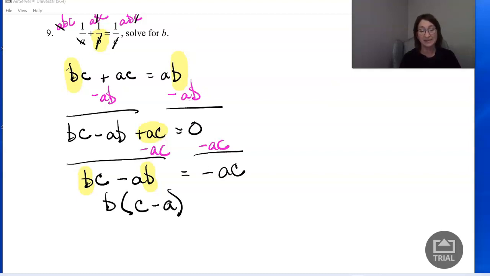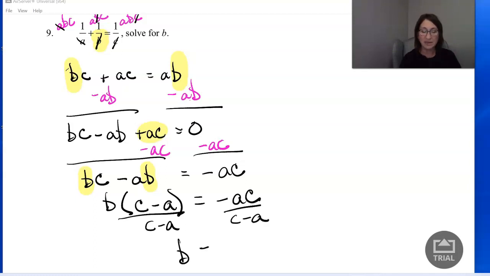So we got C minus A equals negative AC. So I am going to go ahead and divide both sides by that C minus A. So B is equal to negative AC over C minus A.